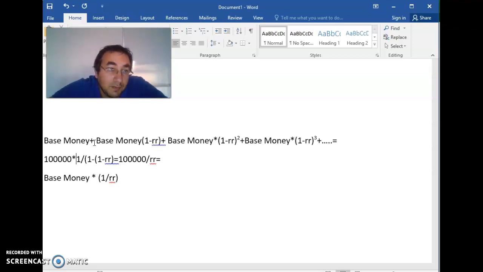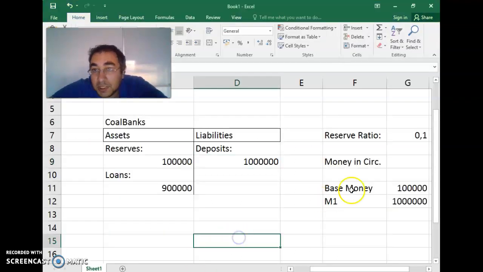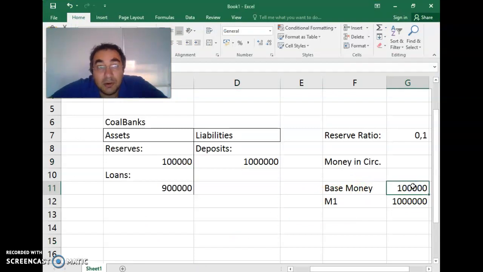So we have seen the process, but in the end, we can summarize it this way. Base money in the economy is fixed, which is in this case $100,000. It always remains the same.